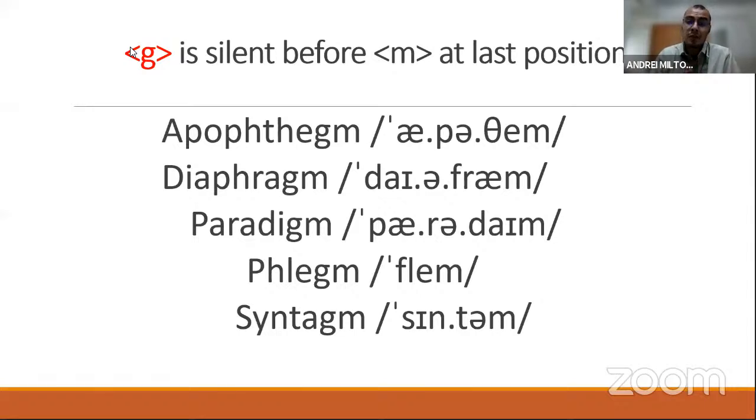So I'm giving you only those patterns that you will be able to remember. In apothegm the G is not pronounced, also in diaphragm, paradigm, phlegm, or symptom. Great. So it's not apothegm, right?